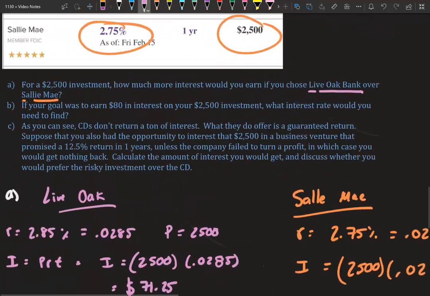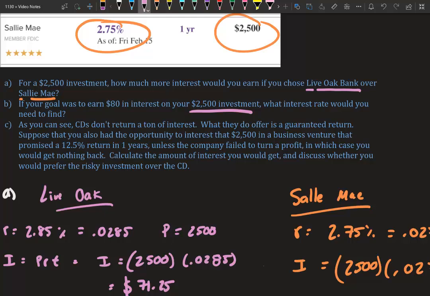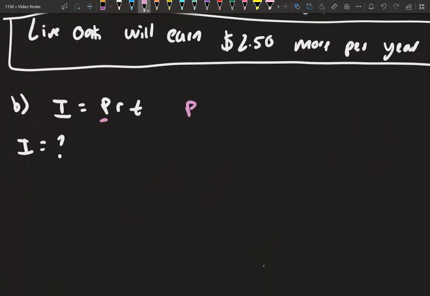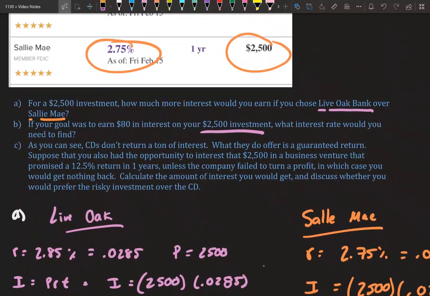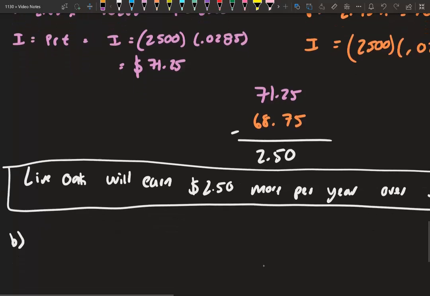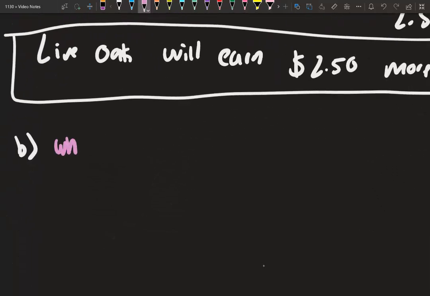It told us that if we invest $2,500, so that's our investment, if your goal was to earn $80 in interest on your $2,500 investment, what interest rate would you need? So we're looking for what interest rate.